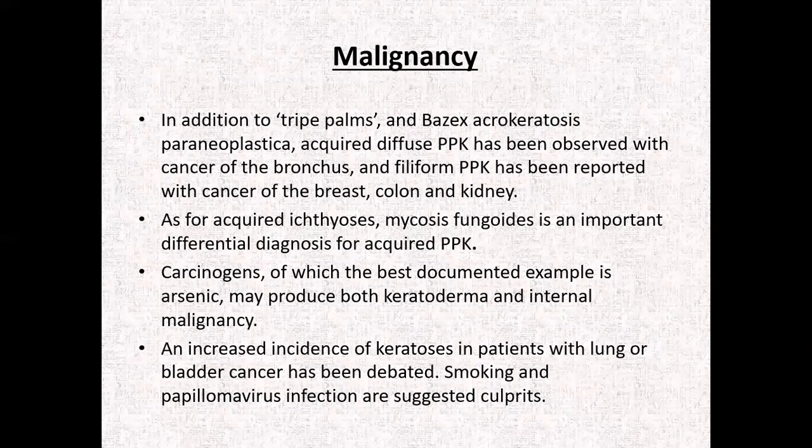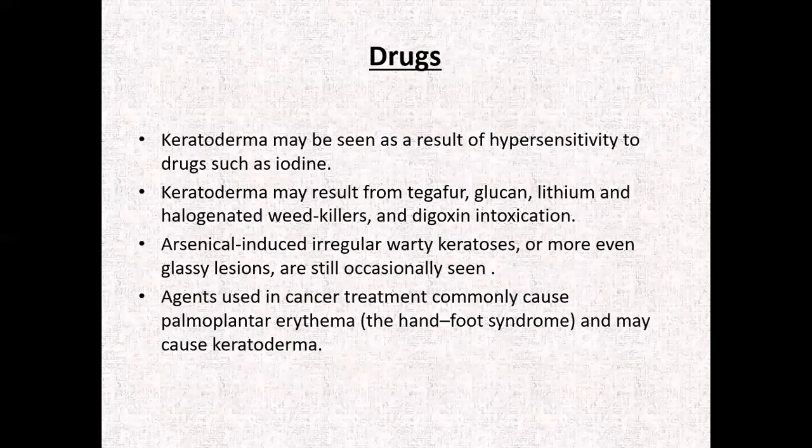Carcinogens, of which the best documented example is arsenic, produce keratodermas as well as internal malignancies. An increased incidence of keratosis in patients with lung and bladder cancers has been debated. Smoking and papilloma virus infection are the suggested culprits.